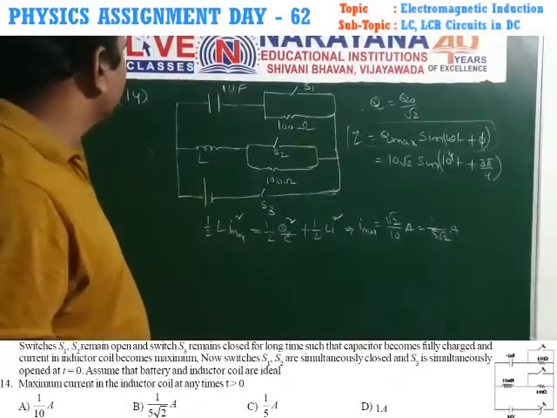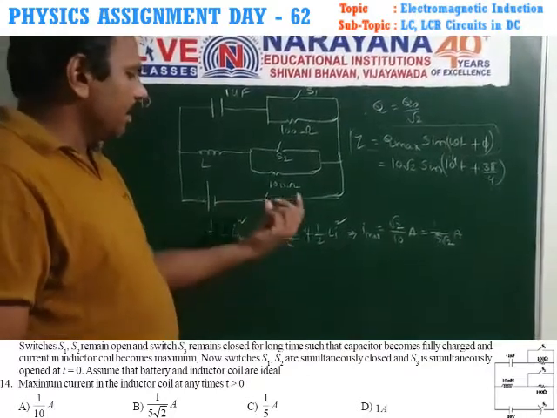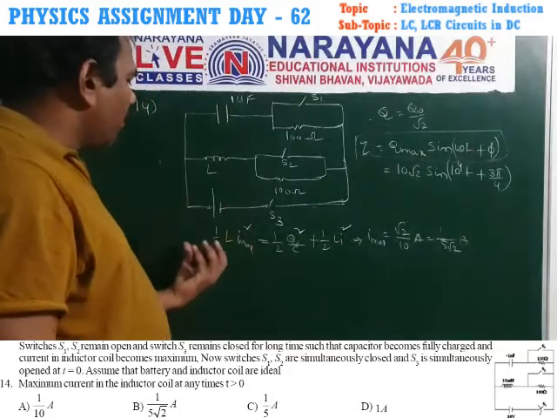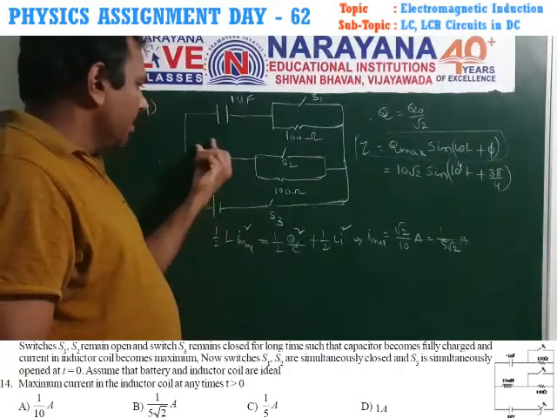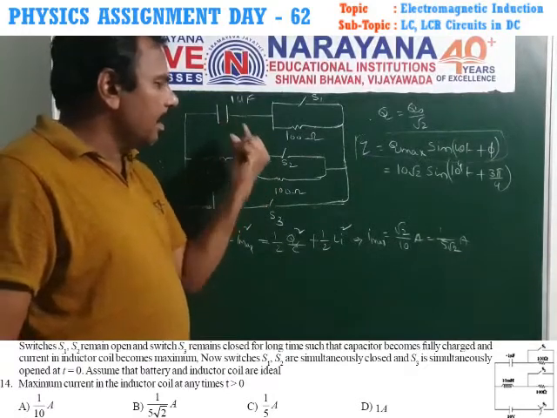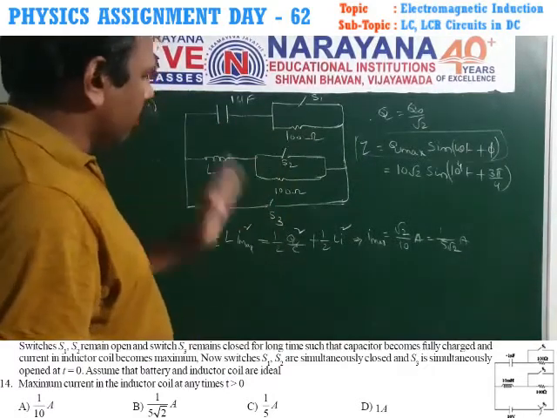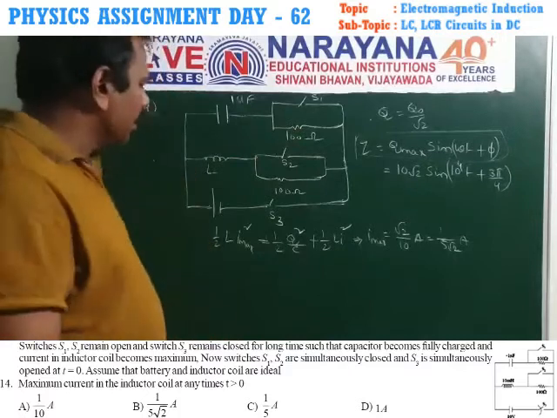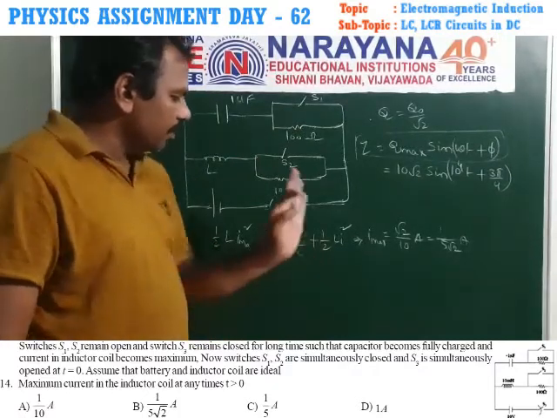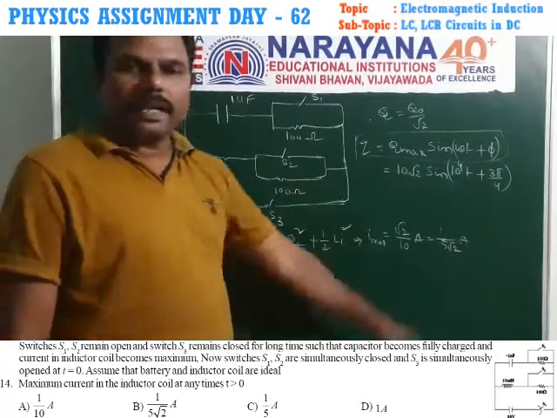In this 14th sum, the maximum current passes through it, so half L I maximum whole square is the energy stored in the inductor, shared across capacitor and inductor. So that is conservation of energy. Half L I maximum whole square is equal to half q square by C plus half L i square.